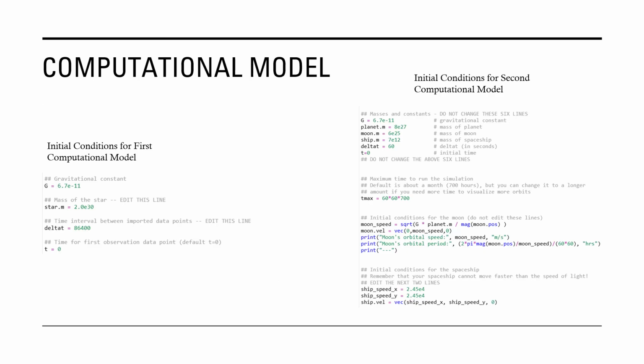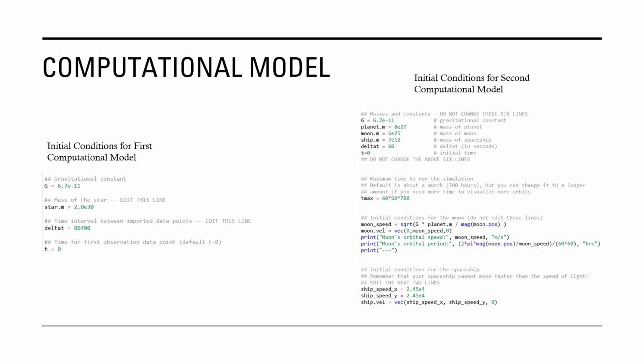So here are the initial conditions for our first computational model. We have G, which is the gravitational constant that we needed. We also have the mass of the star, and we also have delta T, which is the amount of time that we were calculating for, and that is in seconds. Next, we have the initial conditions for the second computational model.